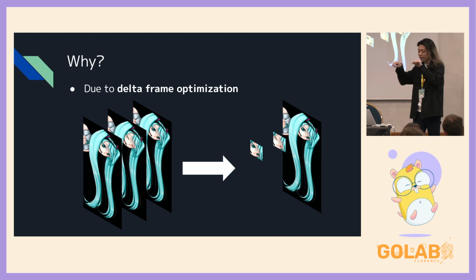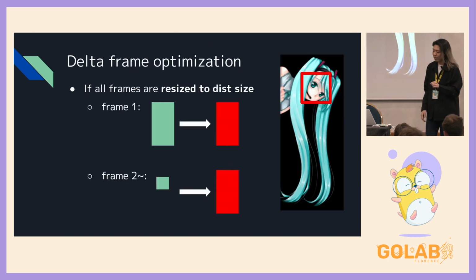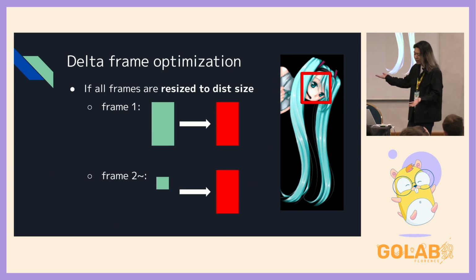So if we simply resize all the frames to the desired size, here's what happens. Frame 1 is fine, because the first frame always has its full image data, including all the details for the face, body, and background. However, for frame 2 and beyond, the delta frame optimization causes issues.